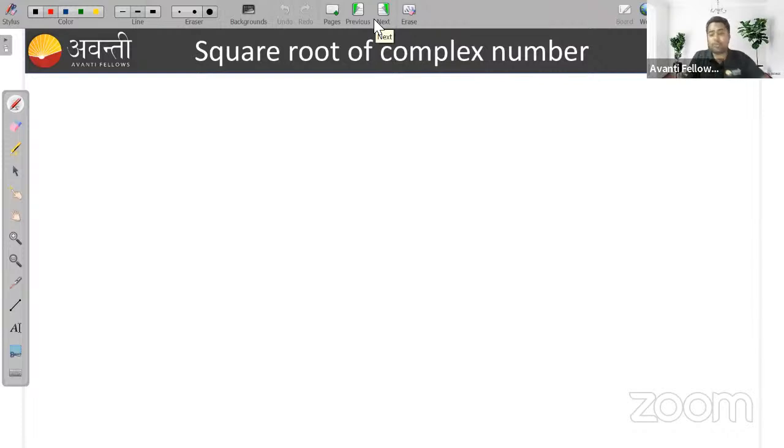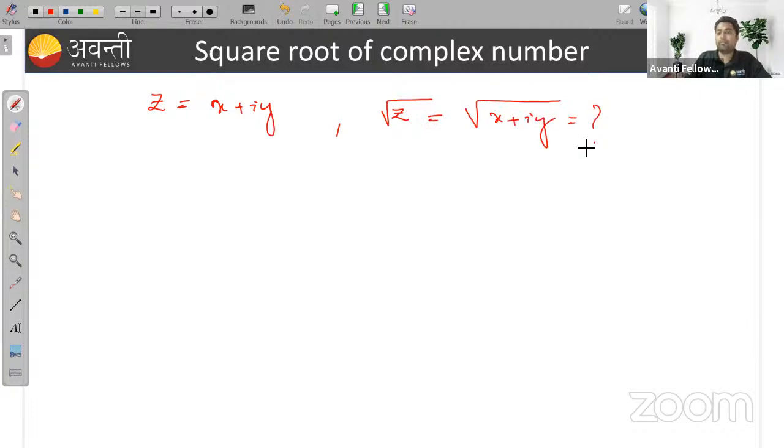Suppose you have a complex number z equal to x plus iy. If I ask you to find the square root of this complex number, that is root of z, or root of x plus iy, then what will it be? We know how to find the square root of a real number, but how to find the square root of a complex number?